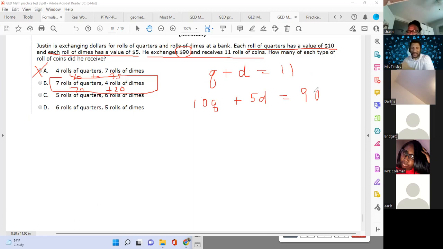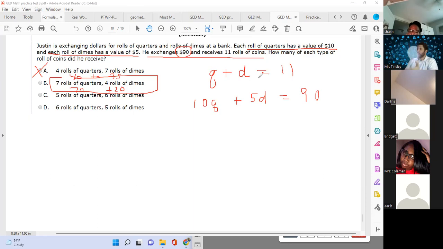They wanted you to do a system of equations. And I'm telling you, this would take you 5 to 10 minutes to solve. But again, what advice did I give you? Try to look at the multiple choice first, identify what's given, and then plug each one of them in. You'll be done so much faster.